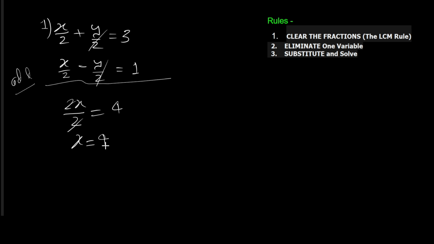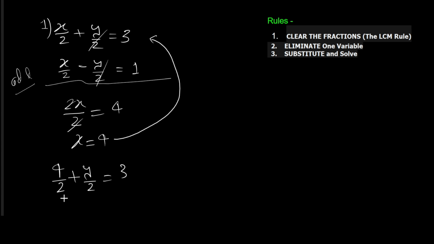Now plug x equals 4 into the original equation for finding the value of y. Let's plug this into the first equation. x over 2 means 4 over 2 plus y over 2 equals 3.